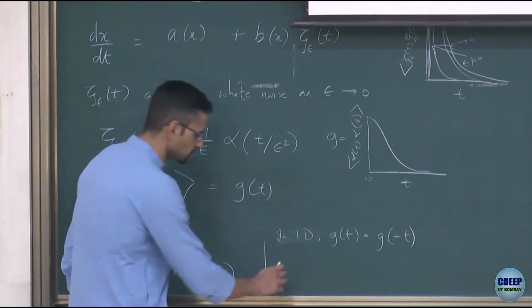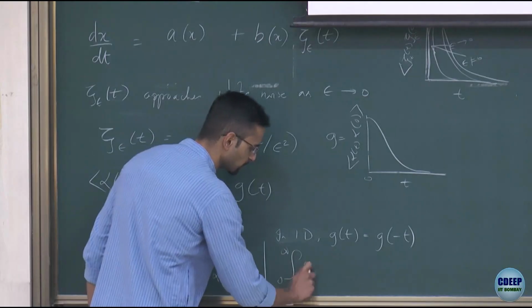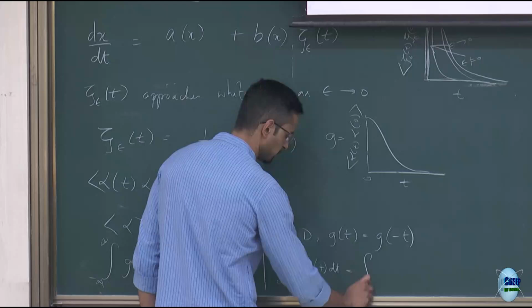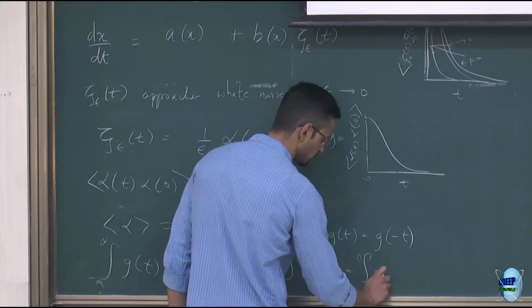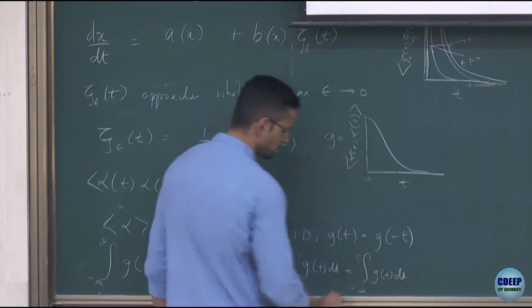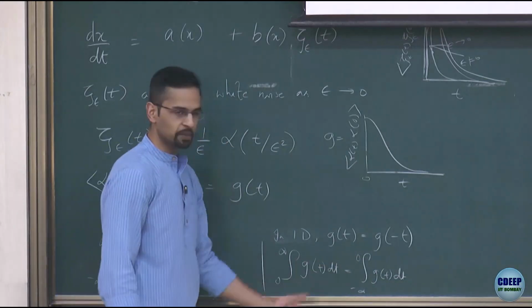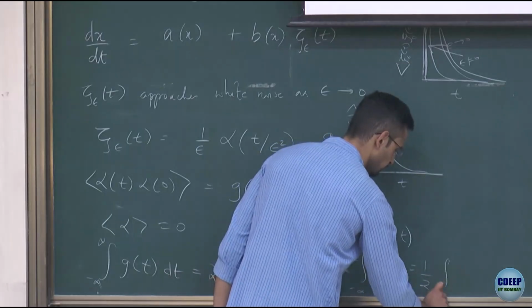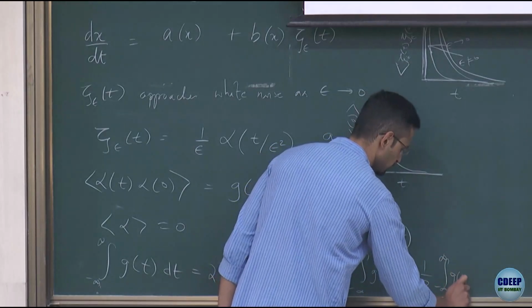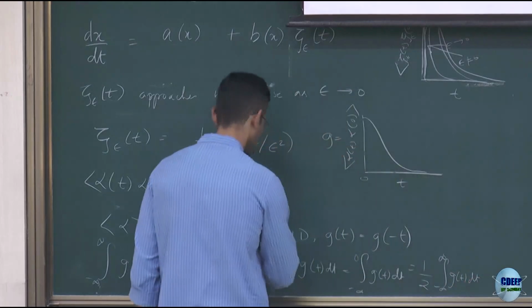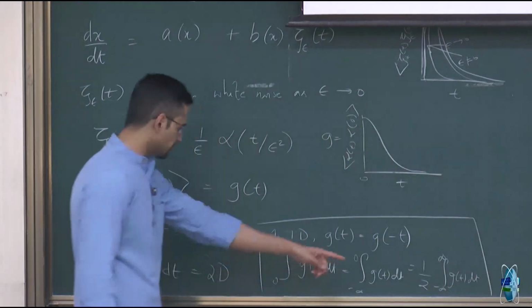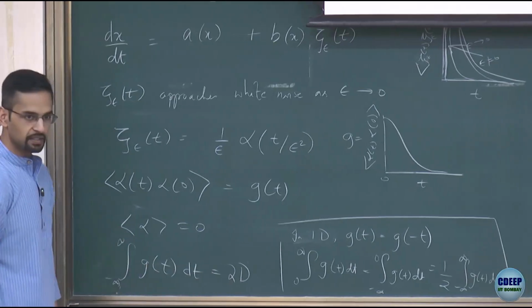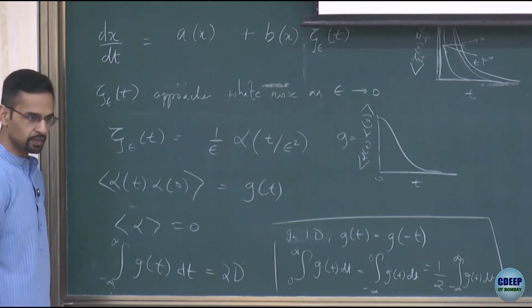And because that is true, integral 0 to infinity g of t must be equal to minus infinity to 0, right? Because this is the same as that if I flip the t to minus t. And so both must be half of the integral from minus infinity to plus infinity g of t. That's like an aside. So because we have that behavior, if I define integral 0 to infinity g of t as d, then minus infinity to plus infinity is 2d. Okay.